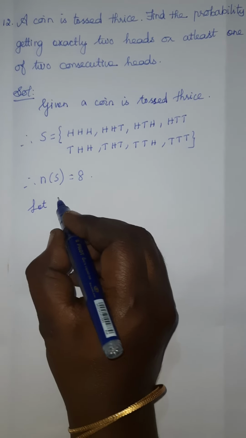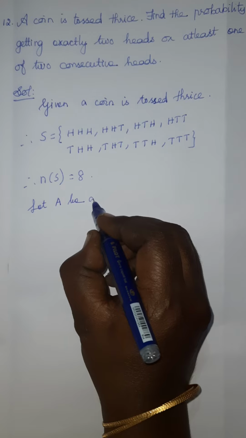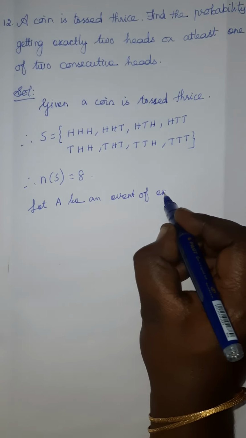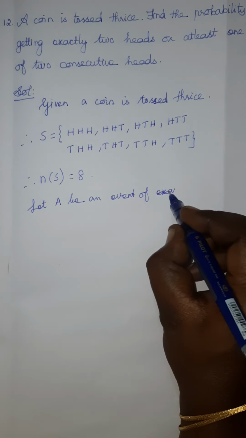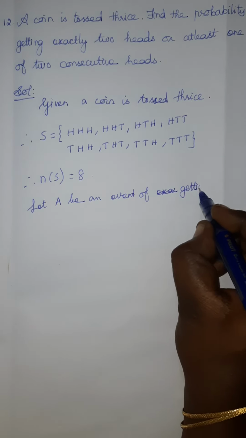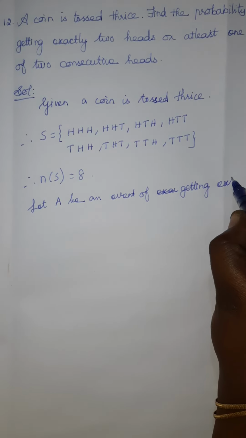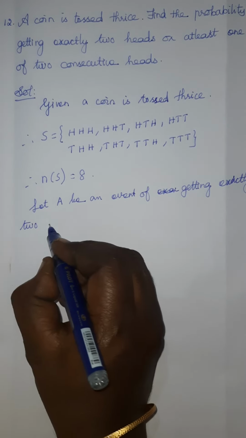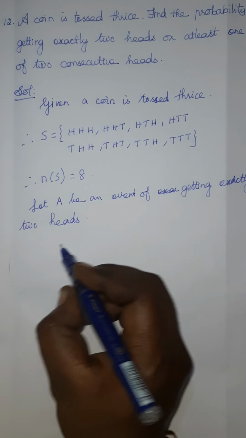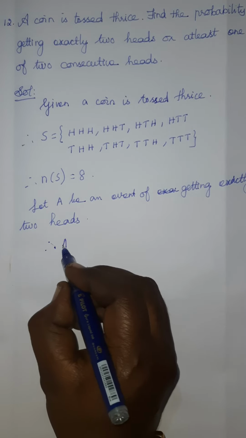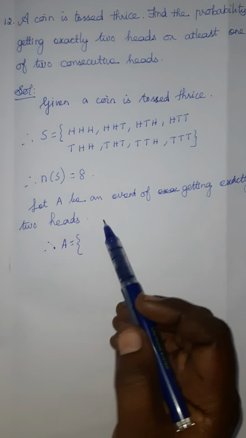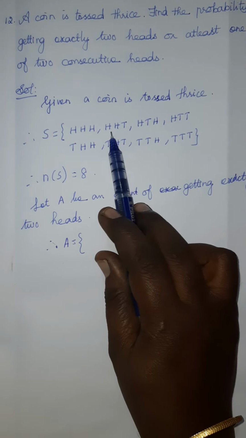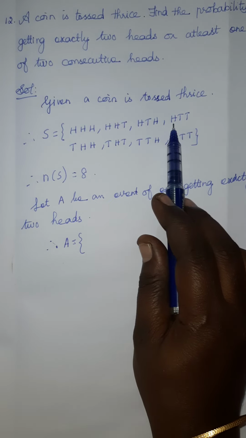Let A be an event of getting exactly 2 heads. Therefore, A is equal to, so what are the elements in A? Exactly 2 heads. Don't choose 3 heads, and only 1 head you don't choose.